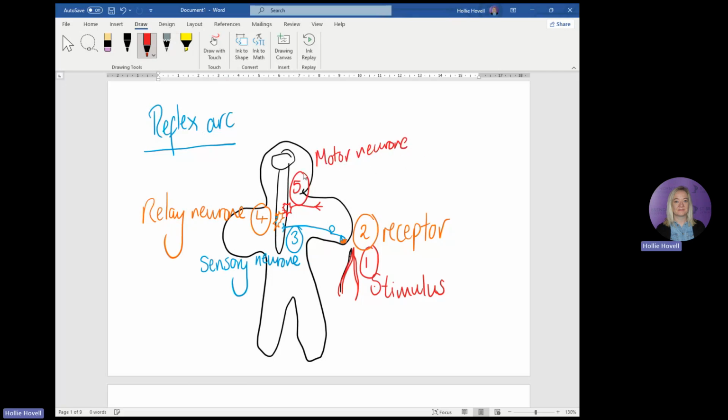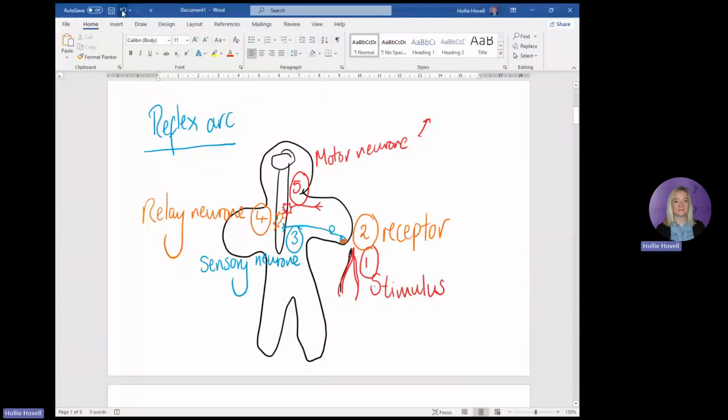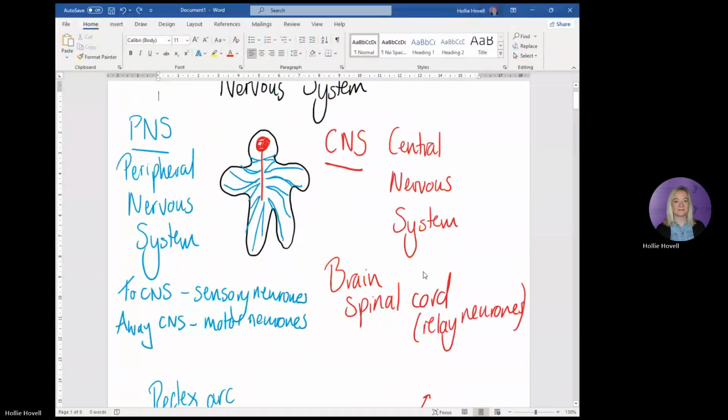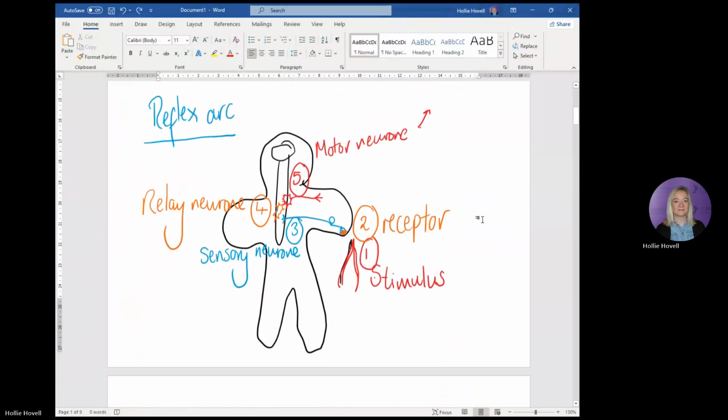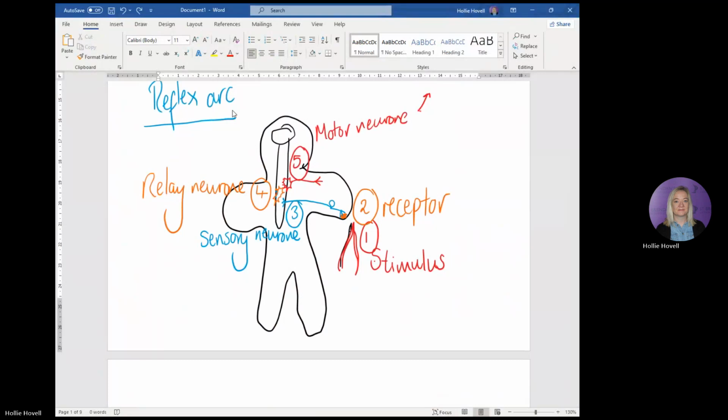Now, a motor neuron connects your spinal cord to, sorry, undo that. Oops, wrong button. Where's my undo? What's happening? Just ignore that arrow. It doesn't want me to rub it out.